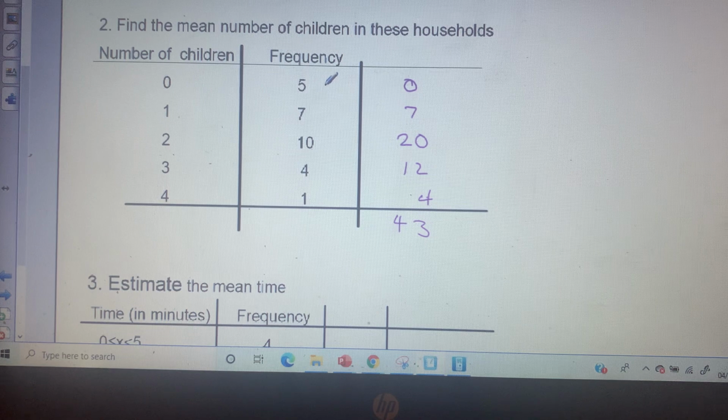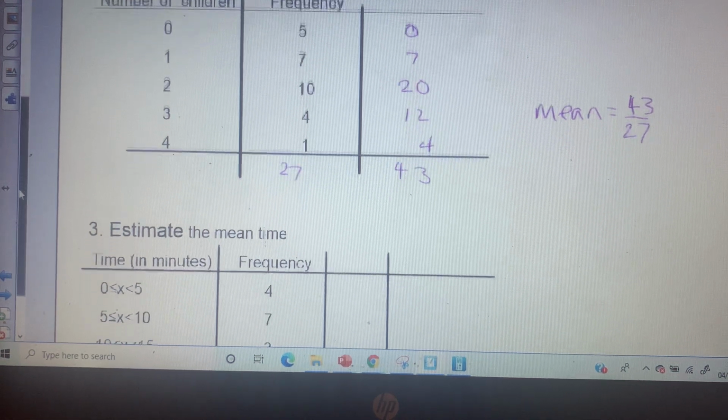And then we would add up how many values we had, 12, 22, 26, 27. So our mean would be an exact value. These are just exact values that have been put into a table. They haven't been grouped. 43 divided by 27, whatever that would be.